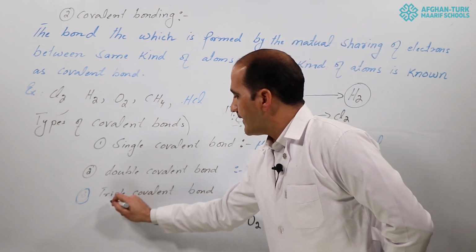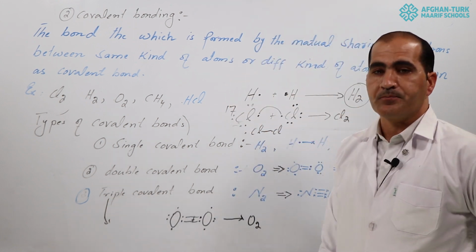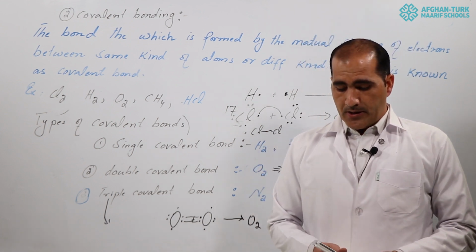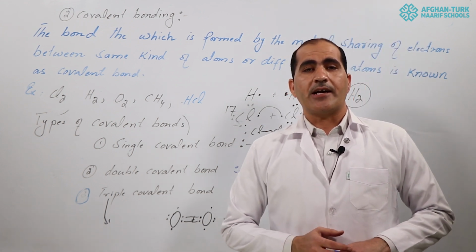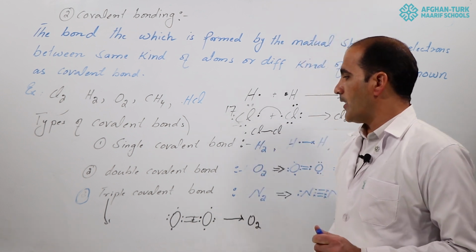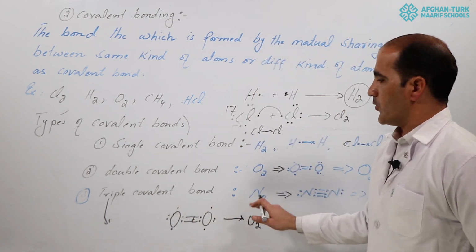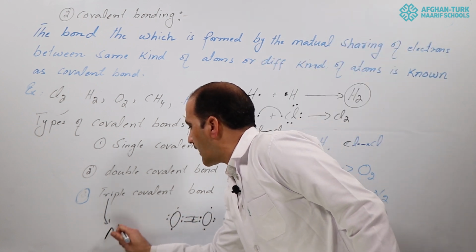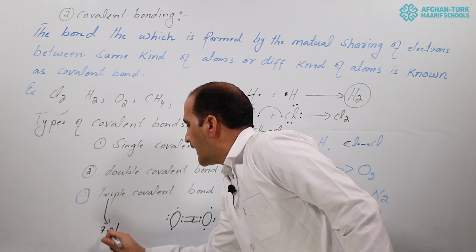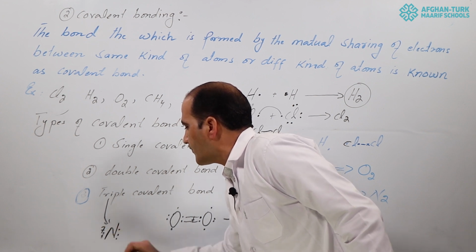Now here is the third type, which we call triple covalent bonds. When 2 atoms share 3 electrons with each other, a triple covalent bond will be formed. The example is the nitrogen molecule. The atomic number of nitrogen is 7, and in the last shell of nitrogen we have 5 electrons.